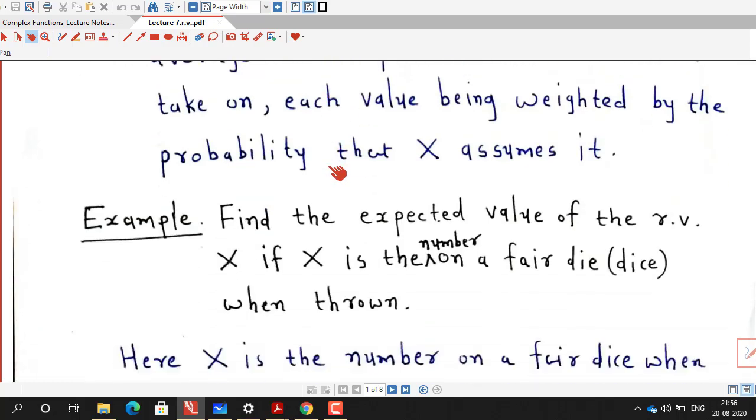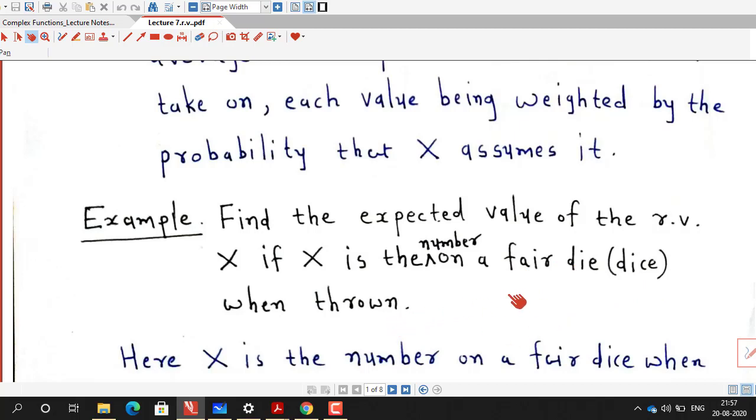We consider one example. Find the expected value of the random variable capital X if x is the number on a fair die when thrown. Here the experiment is throwing a fair die. The random variable is defined as the number on a fair die.